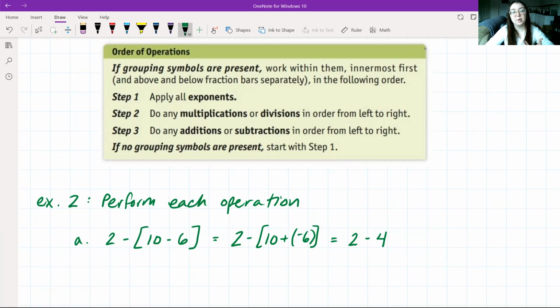Now since we have 2 minus 4, once again, we have a subtraction problem, so we can change this again into adding our additive inverse. Since we have our number 4, our additive inverse is going to be negative 4. So we're going to get 2 plus negative 4.